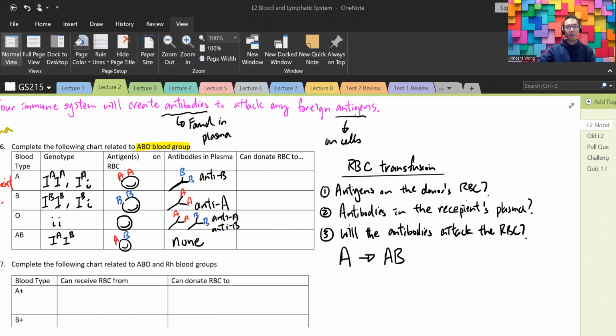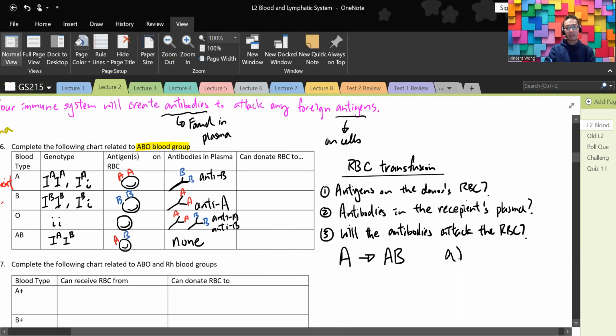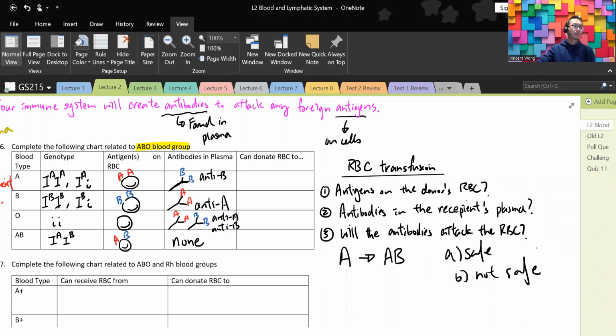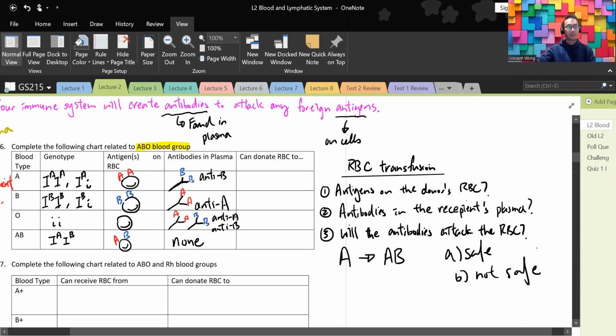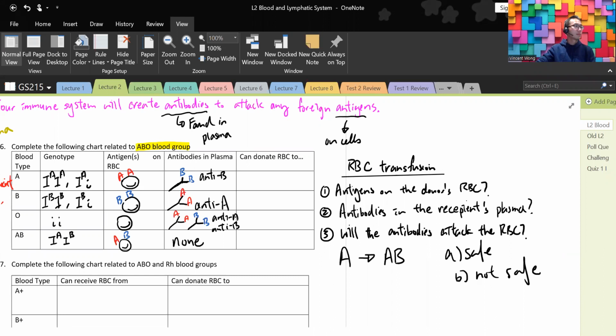If you think it's safe, go for A. If you think it's not safe, B. Safe, A. Not safe, B. Are you gonna go ahead and do this transfusion or not?